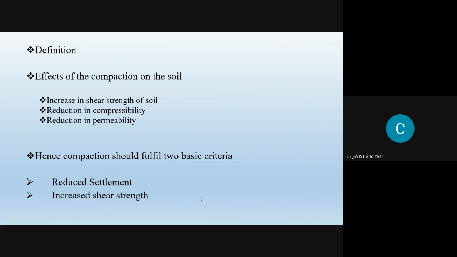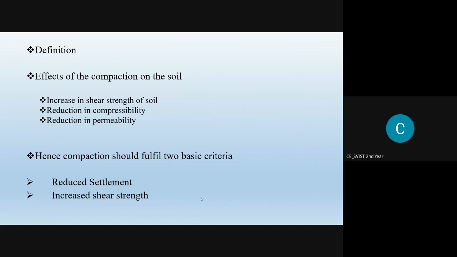So what are the effects of the compaction? In soil, there is the shear strength, I don't know if you have heard the term. Shear strength is the property which determines the strength of the soil. There are two parameters in shear strength, c and phi. c is the cohesion of the soil, and phi is the internal friction angle.